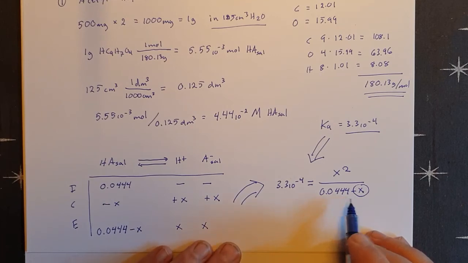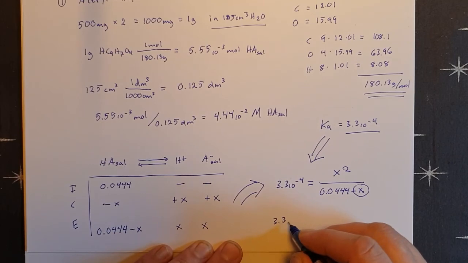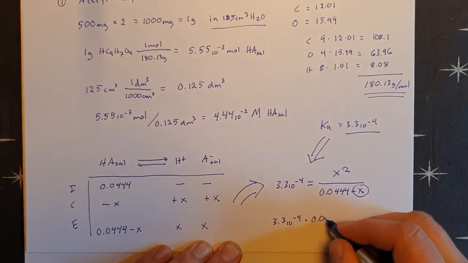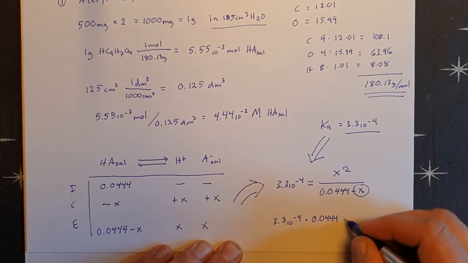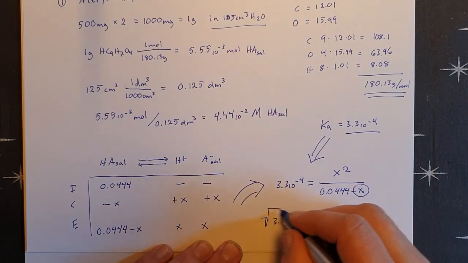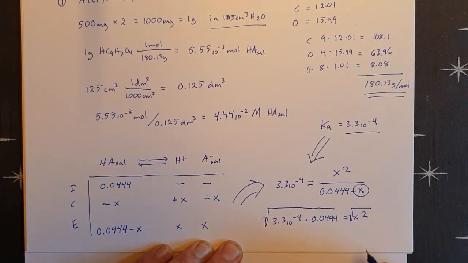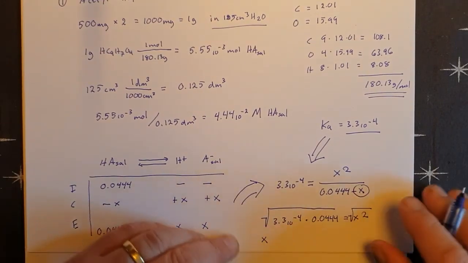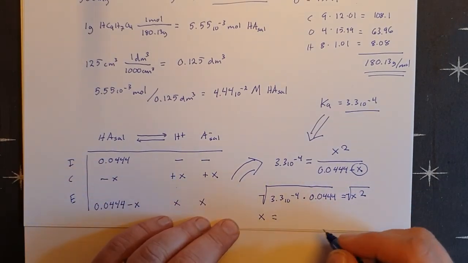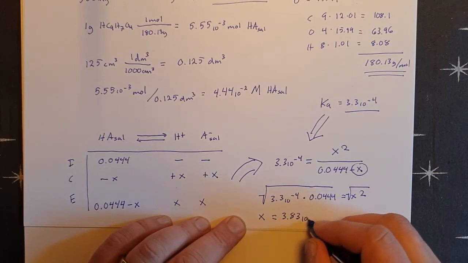And if we make that assumption, then we can rewrite this as 3.3 times 10 to the minus 4 times 0.0444 equals x squared. And we can take the square root of each side to solve for x, and x equals 3.83 times 10 to the minus 3.